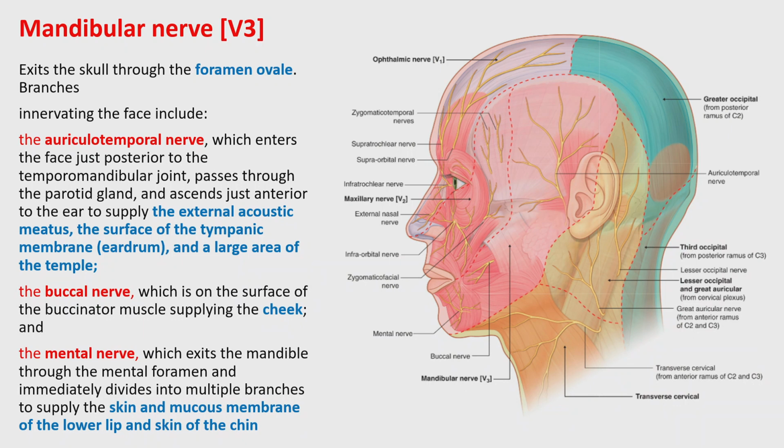But if you remember, we said that if you put your hand on the face region, you will have the 5 branches of the facial nerve, and one of them was the buccal branch of the facial nerve, which is a motor branch responsible for innervation of the buccinator muscle.